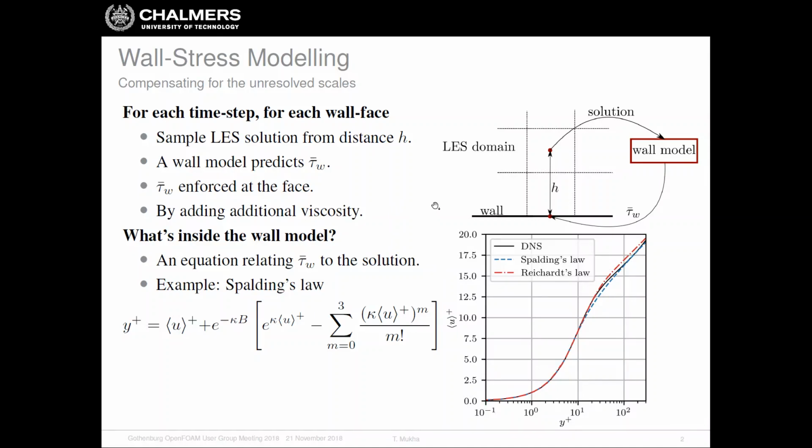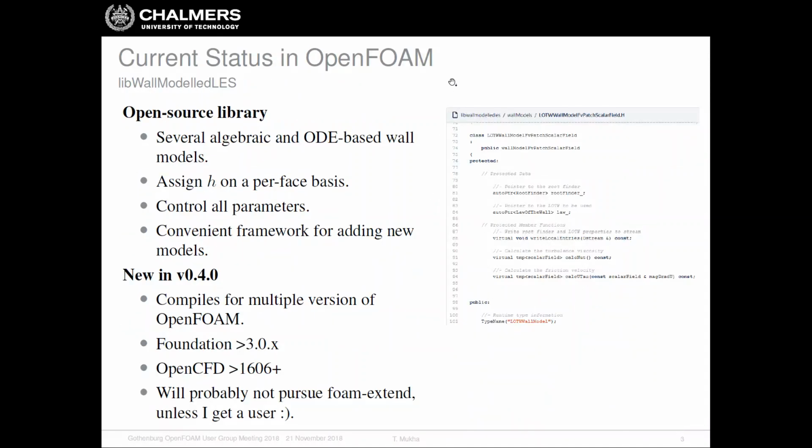But here I'll stop with that, and instead we're going to talk a little about what's the status in OpenFOAM with wall modeling. The way it is right now is that both the Foundation and the OpenCFD, and probably the Foam Extend versions of OpenFOAM, have some rudimentary wall modeling built in.